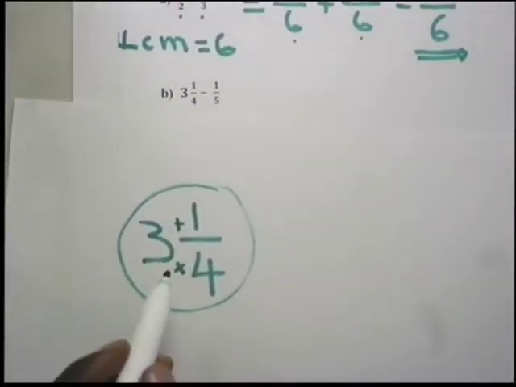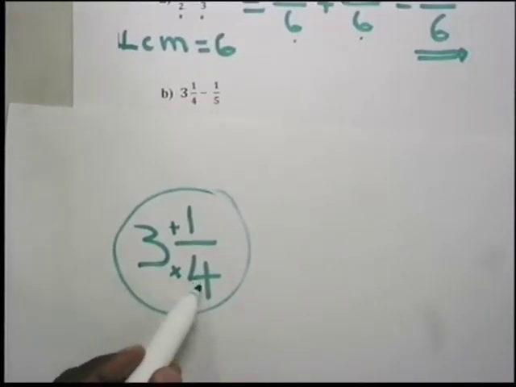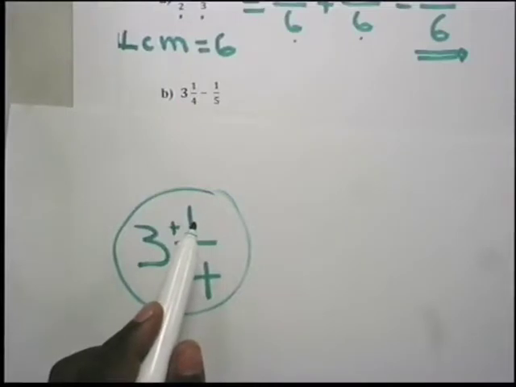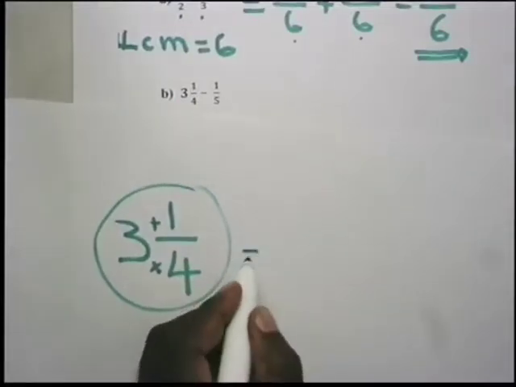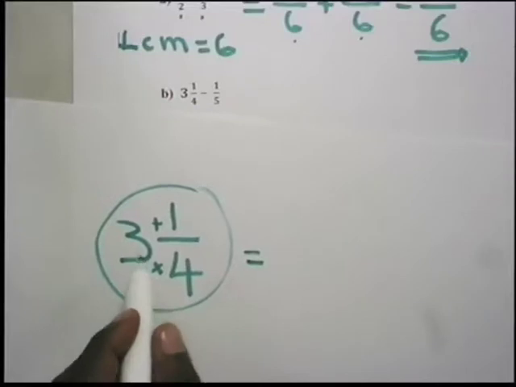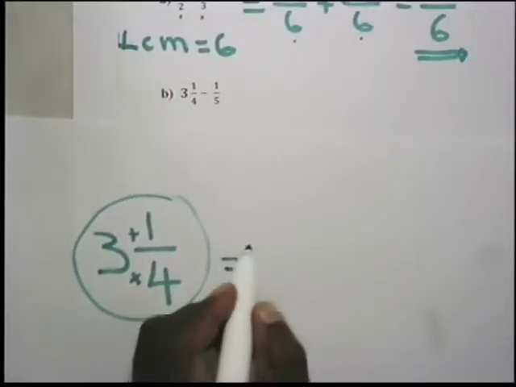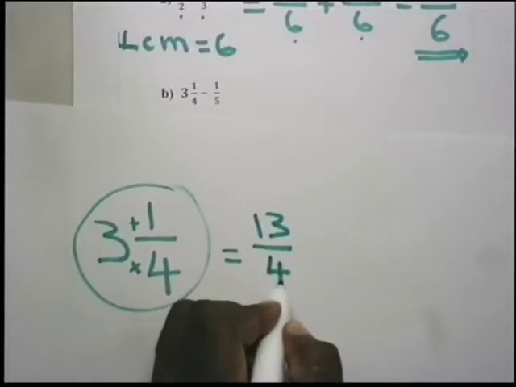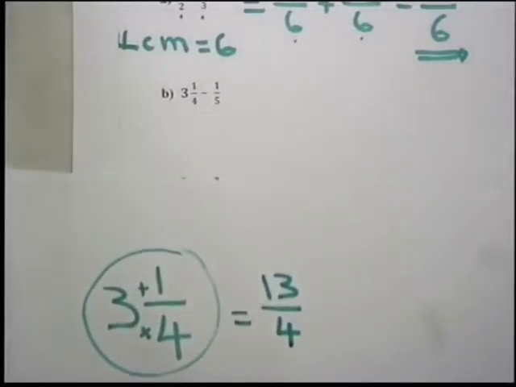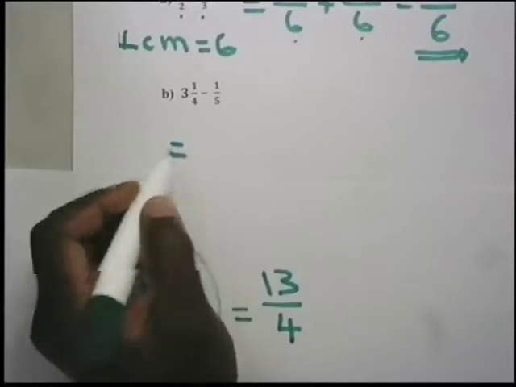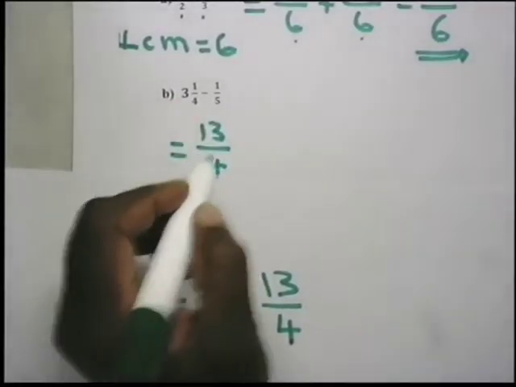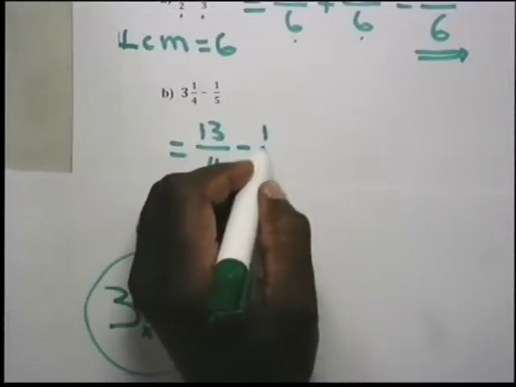So in this case it will be 3 multiplied by 4, which is 12, plus 1, it will be 13. So as a fraction, 3 into 1 over 4 is equal to 13 over 4. So therefore, our first step then would be 13 over 4 minus 1 over 5.